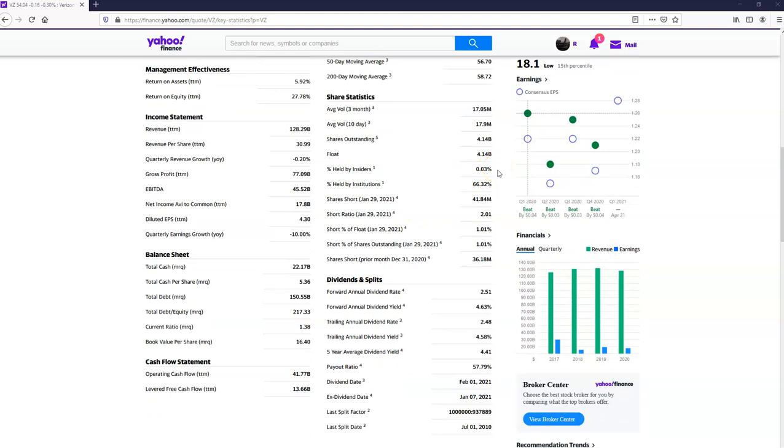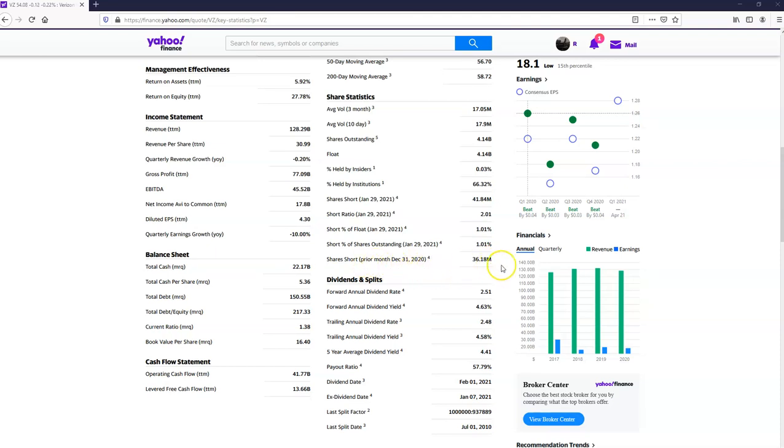Insiders are basically people who work in the management team, things of that sort, directly. This is a percentage of the shares that are being held by institutions. This is the amount of shares that are short. This is a short ratio, short float. Short as a percentage of the shares outstanding. This is the total amount of shares that are short as of this date.